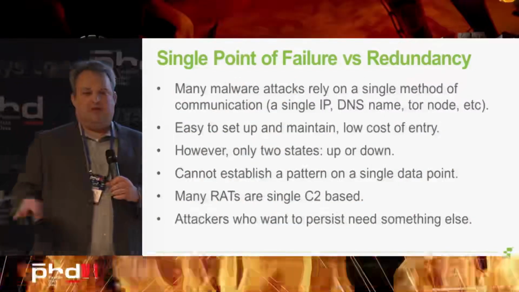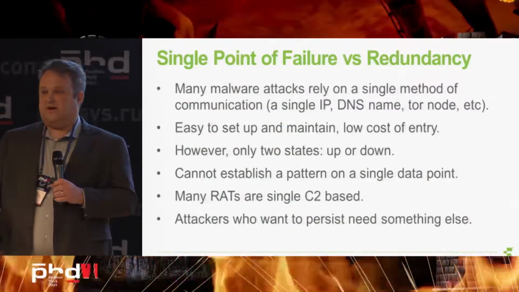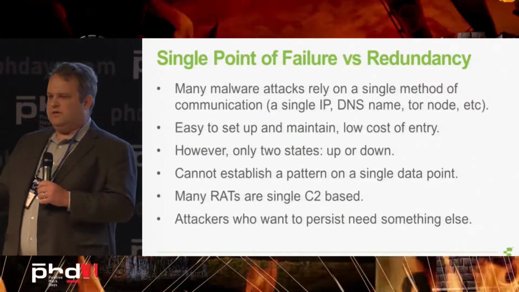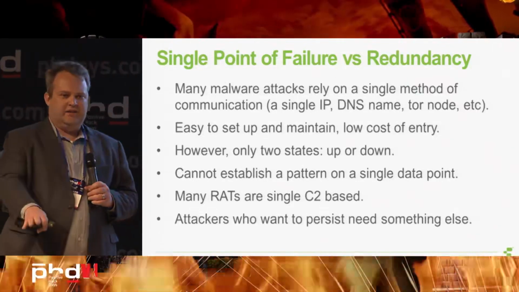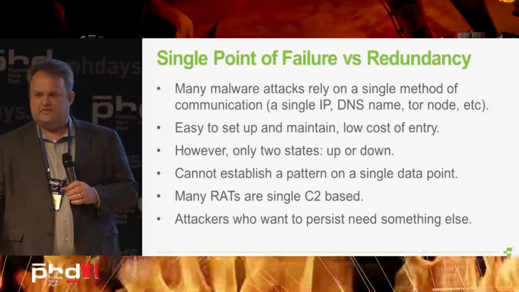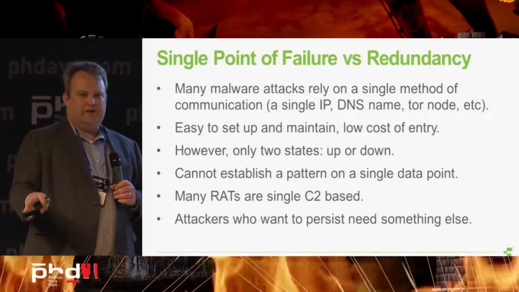So what I mean by redundancy is a similar thing in IT infrastructure: not having single points of failure. There are many malware families and malware campaigns that use a single method of communication, a given IP address, a static host name, something along those lines.